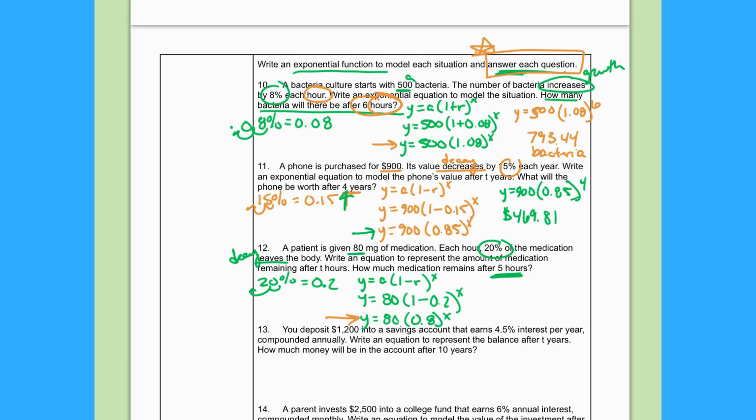Now that I have my model, I'm going to plug in the 5 hours. So y equals 80 times 0.8 to the 5, and then put that in the calculator, and that's going to give us 26.21 milligrams.